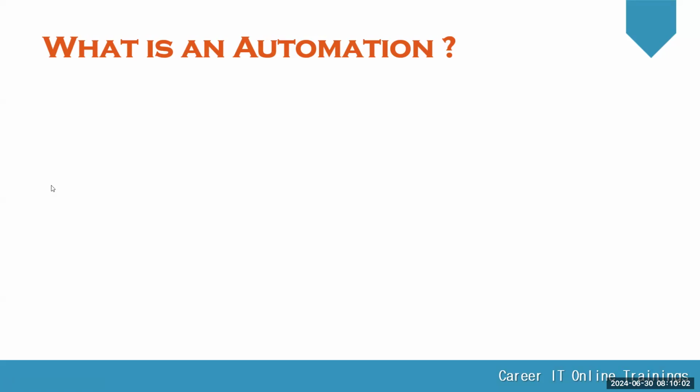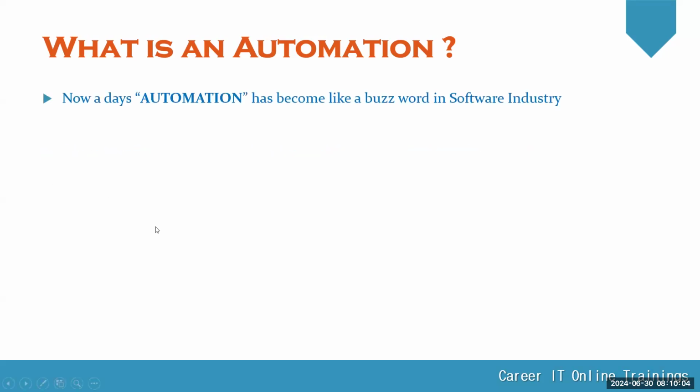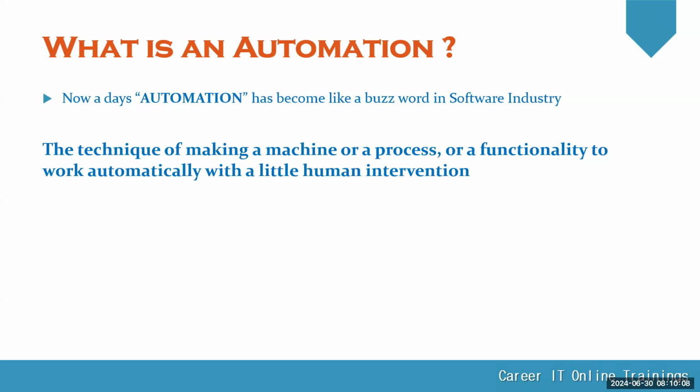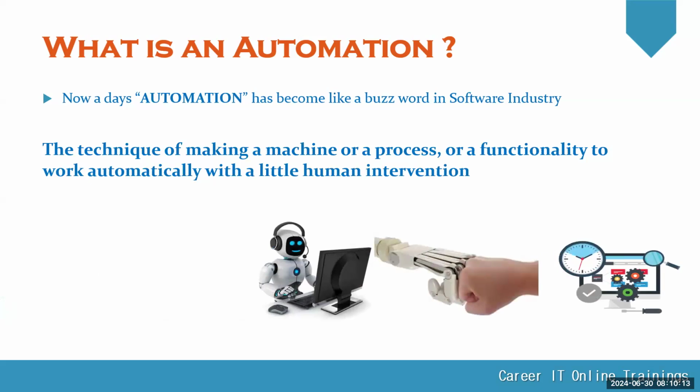So what is meant by automation? This is one of the most frequently used words in the industry these days. Here we are talking about automation in the software industry. Automation is nothing but testing one software by using another software.